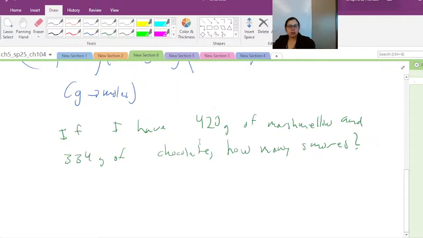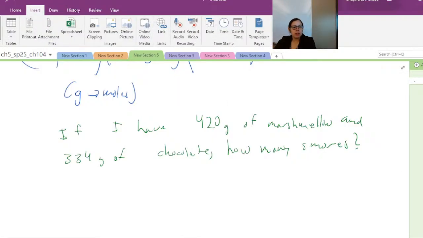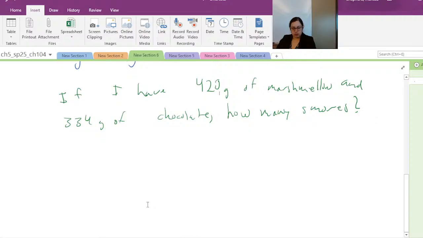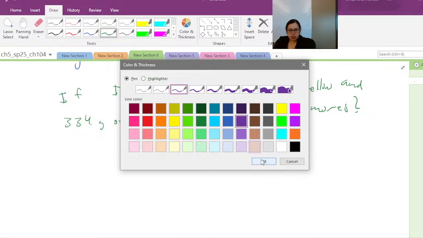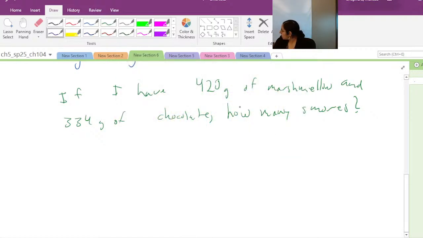So let's start going through this one. So just going through the math. Thinking about what we're doing, we have some sort of gram amount. So I'll start with the marshmallows, and we need to go from grams to moles.